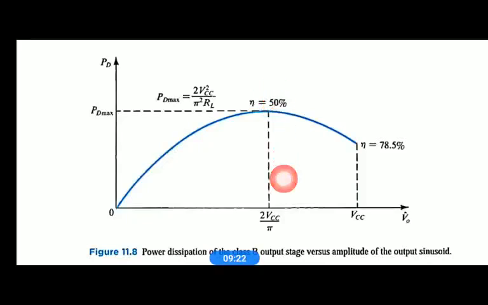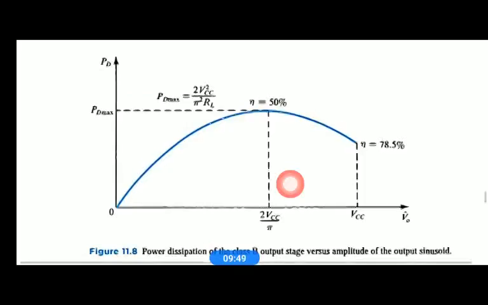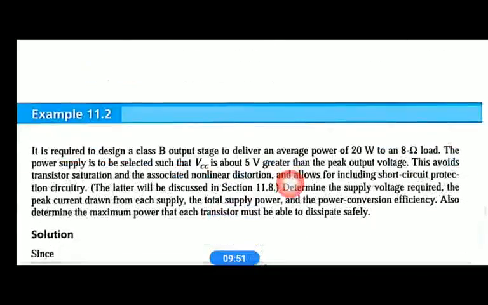Whereas when output voltage V0 is VCC, which is the maximum output voltage we can get, then the efficiency eta is equal to 78.5% and the dissipation is reduced here. A very interesting fact you can see after maximum power dissipation: if the output voltage is increased, the power dissipation slowly gets reduced, right.